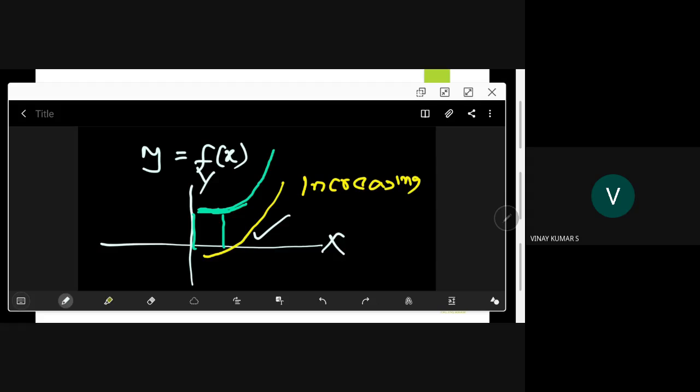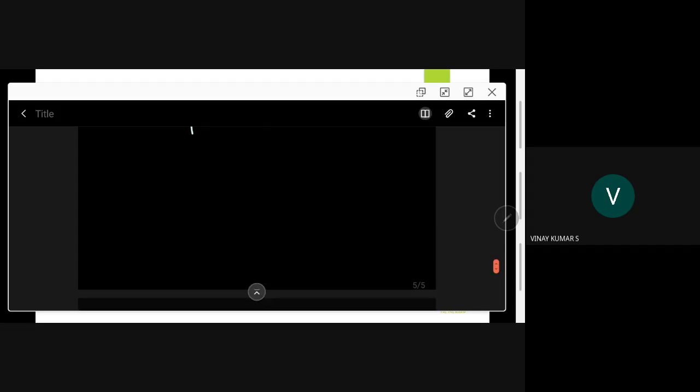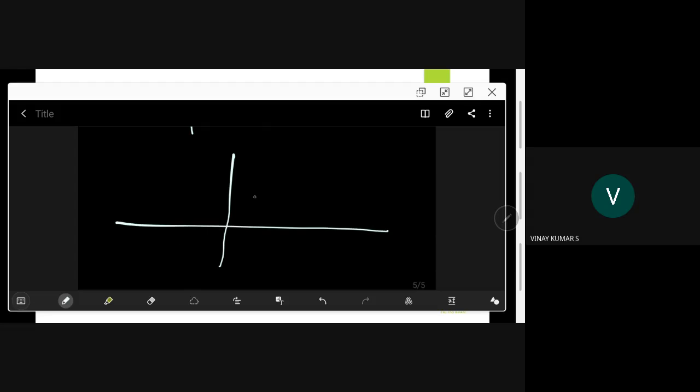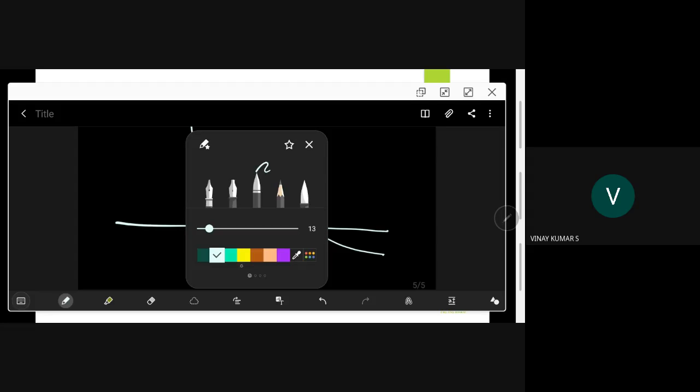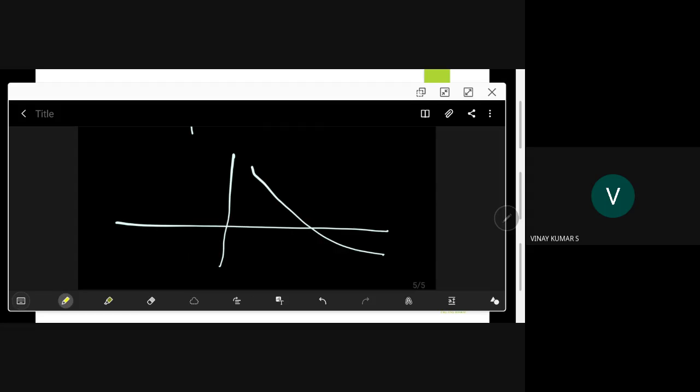How does a decreasing function look? The graph of a decreasing function looks like this. So this is called a decreasing function: monotonically decreasing, strictly decreasing, or just decreasing. Strictly decreasing means, there is an easy way. See, if you move a line parallel to the x-axis, it intersects the graph exactly at one point.